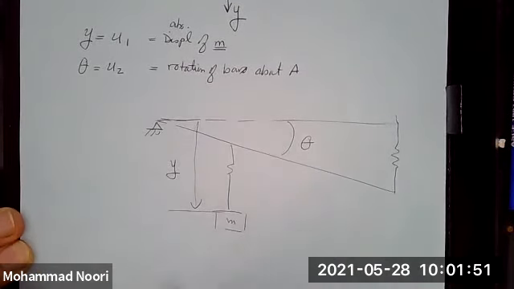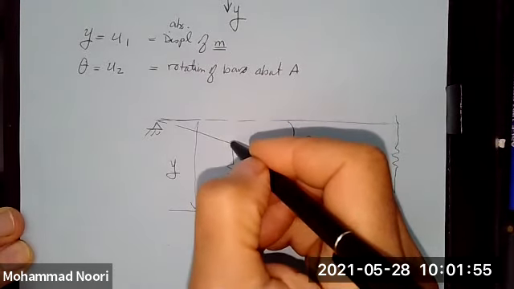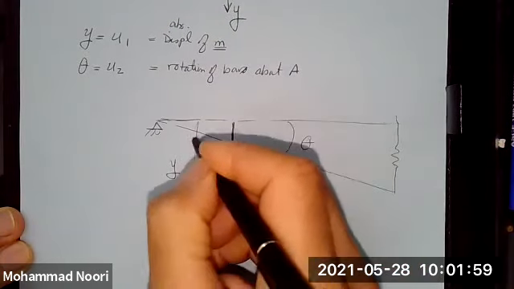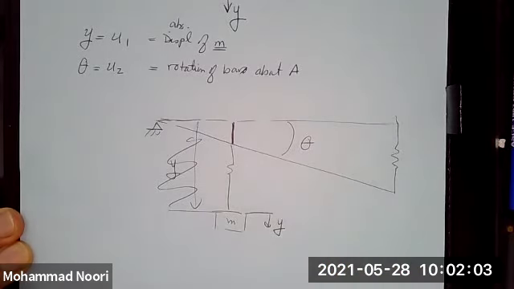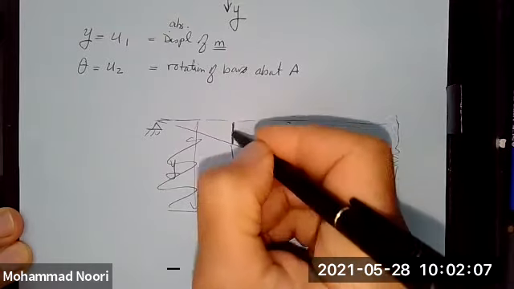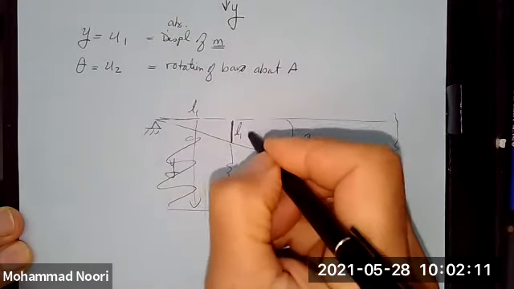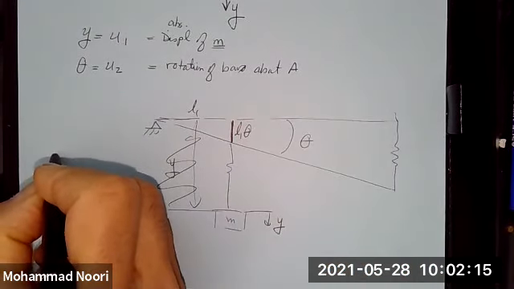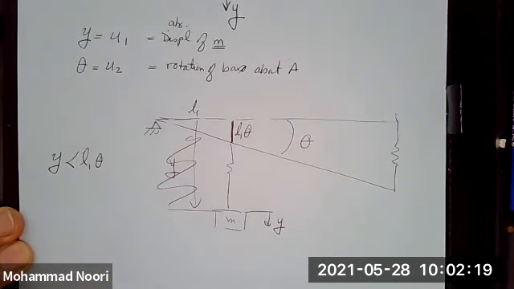So I would assume, okay, that if this is the displacement, oh, I'm sorry, no, that's not Y, this is Y, I call that here, with respect to its own position. So when this is displaced, this is L1, this would be L1 theta. So I'm assuming that Y is less than L1 theta.